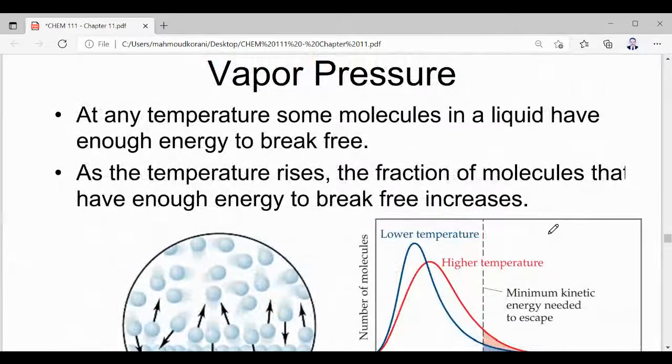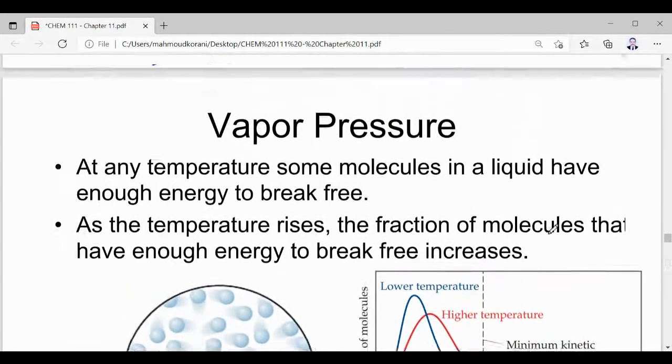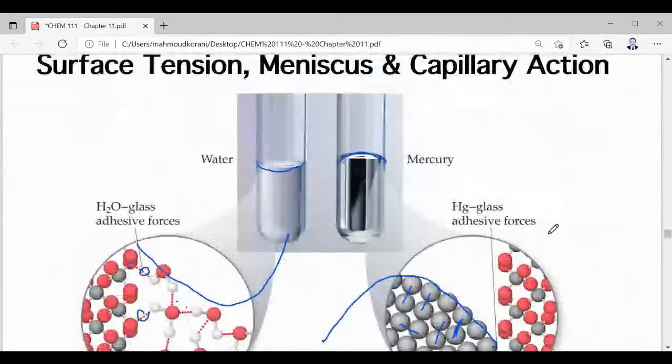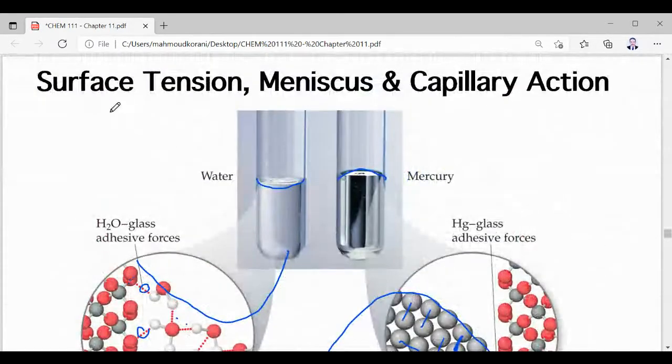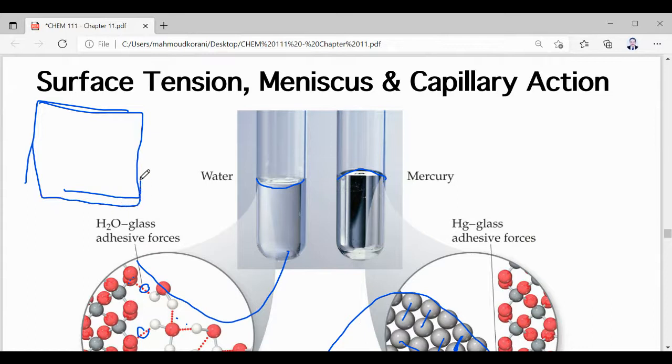The last property I'm going to discuss with you in this chapter is vapor pressure. If you have a container, sorry, I'm very bad at drawing, which contains a liquid like water, and this is an evacuated space.